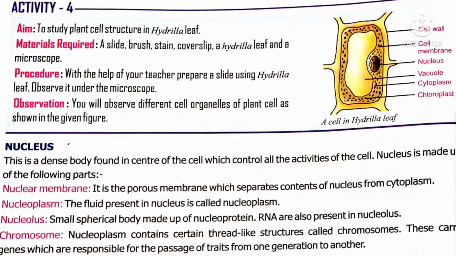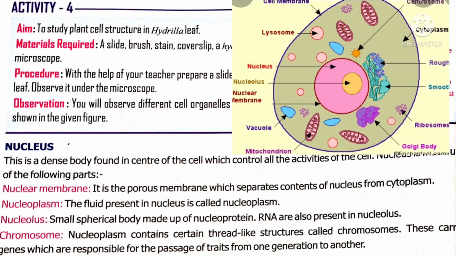Activity 4 is to study the plant cell structure of a hydrilla leaf. When you keep the leaf under the microscope, we can observe different cell organelles which are present in the cytoplasm.